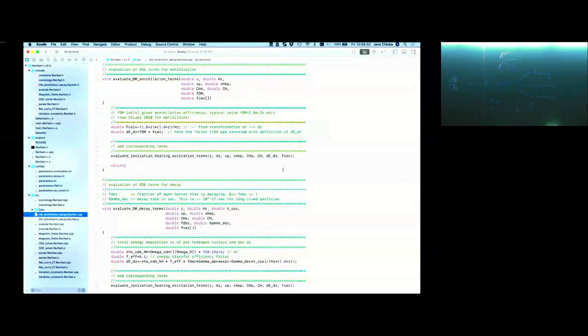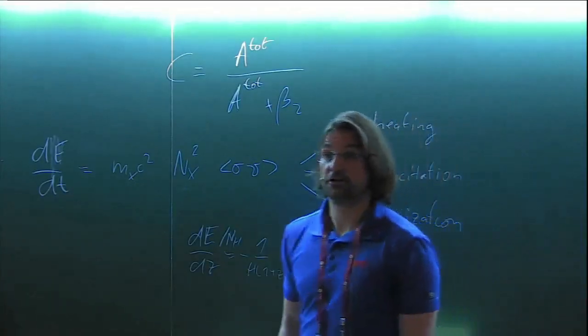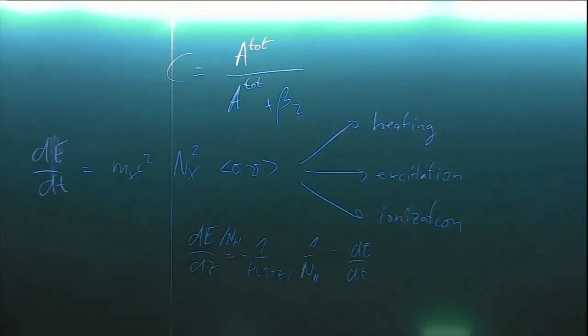You can see here there are only 2 factors of z left over, because you have 1 factor of z here, and you divide it by the hydrogen number density at every redshift, which gives you another factor of z to the 3rd power, which means you have z to the 2nd power left. And then it's just multiplied by 1 efficiency factor, and that's how you then call the excitation ionization module, and you're done. And for decay, it's basically a similar philosophy.